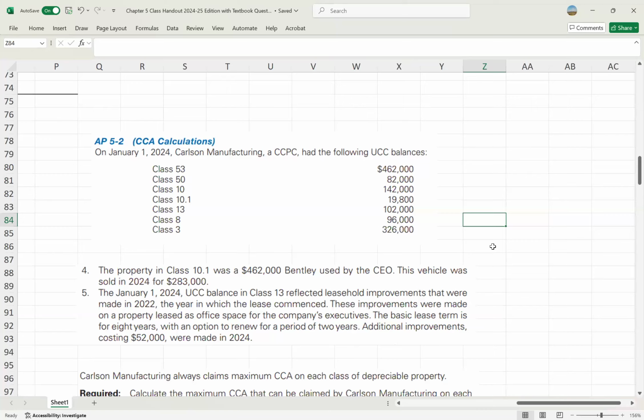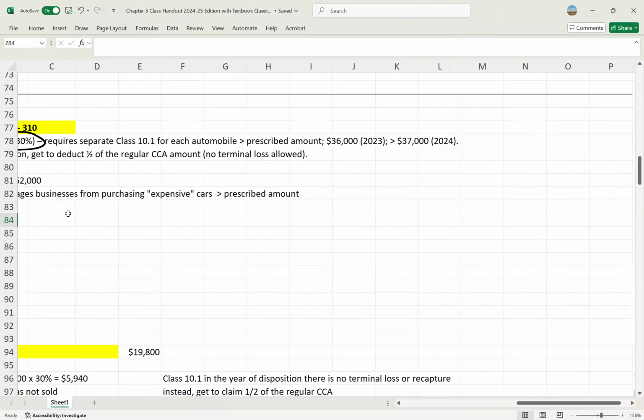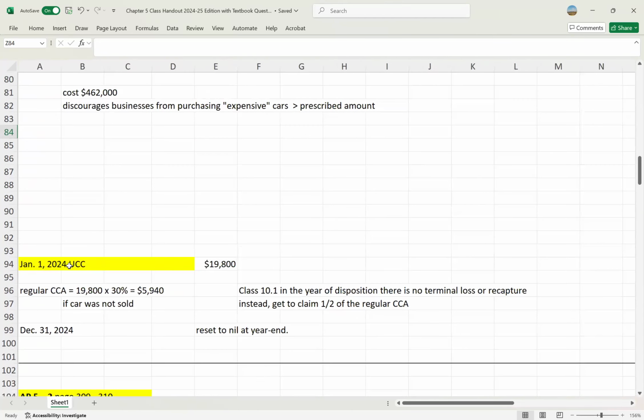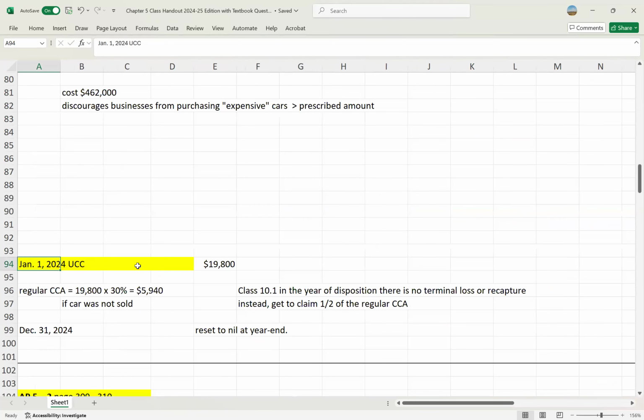The vehicle was sold in 2024 for $283,000. Now, we're given the balance in class 10.1 at the beginning of 2024 of 19,800. And so that's sort of the starting point right here. So the starting point down here, 19,800, is sort of where we are starting with.